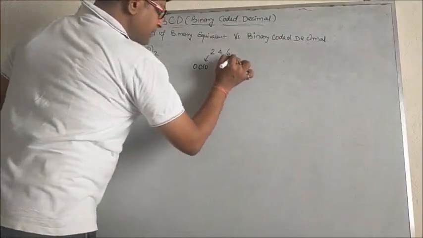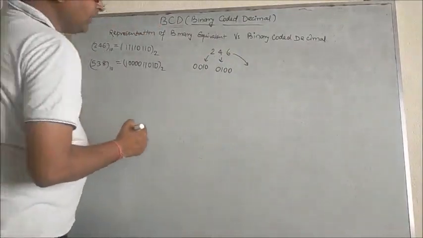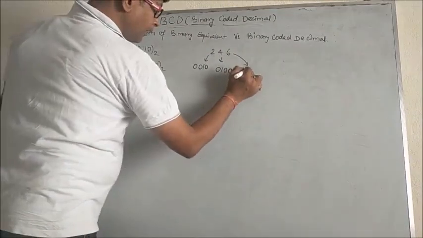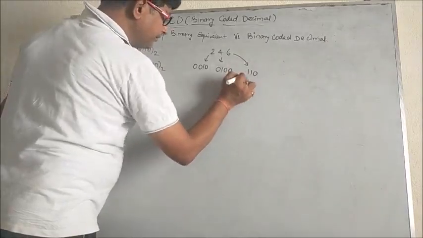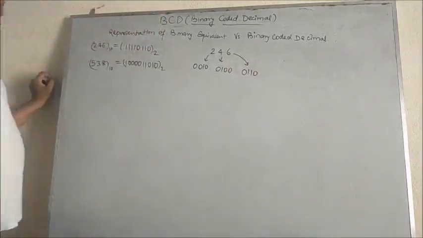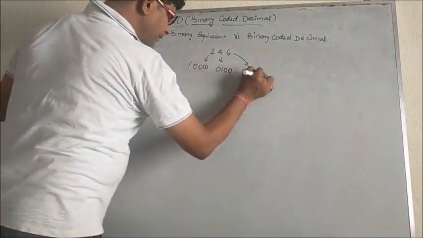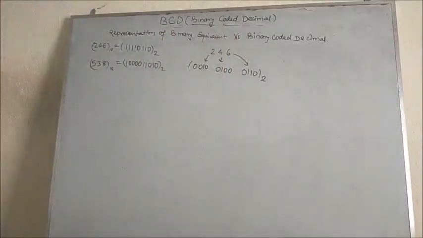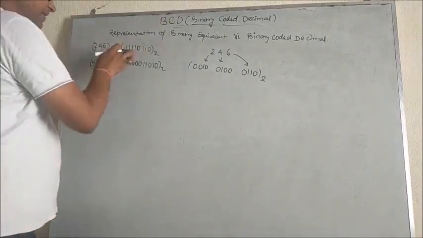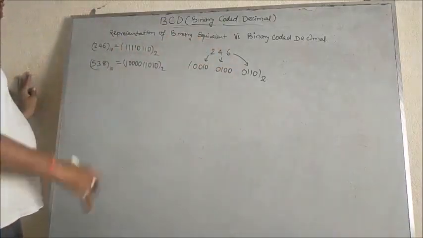How will 6 be represented? It will be 110, and just put a 0 here, so 0110. So the BCD of 246 will be something like this. See the difference. That means the binary equivalent of any decimal is not equal to its BCD. That's what I want to tell you.